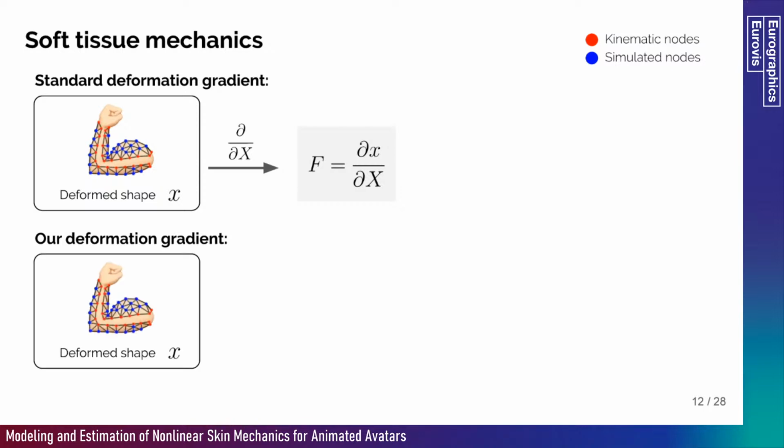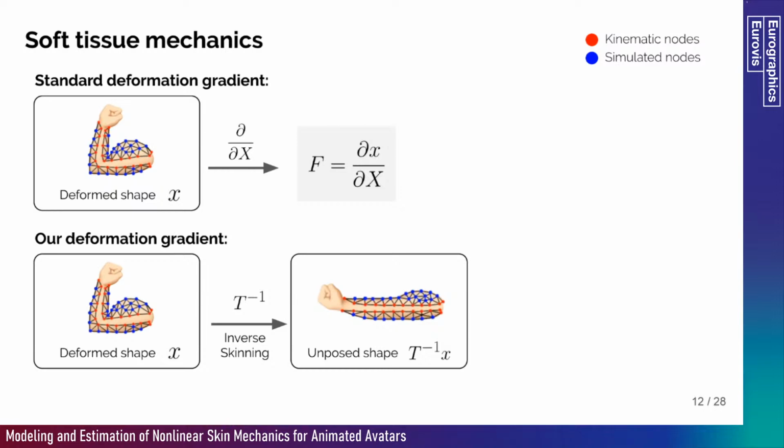Starting from the deformed shape, we first unpose it applying the inverse skinning function, obtaining as a result the unposed shape. Then, the deformation gradient is computed in the new shape, deriving the unposed position with respect to the material space position. With this new metric, we ignore static deformations already considered by the skinning, focusing instead on local high-frequency deformations.